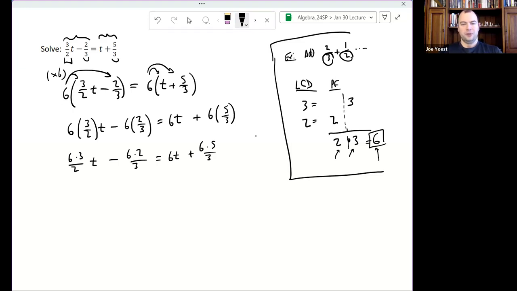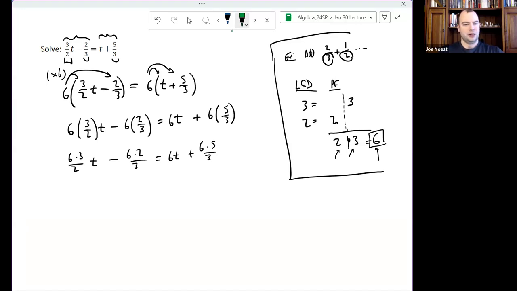And at this point, I want to look for common factors in each of these fractions that could divide out. I could explicitly write out the 6 as 2 times 3 everywhere, and then divide out common factors in my fractions. But here I'll just choose to do that implicitly.